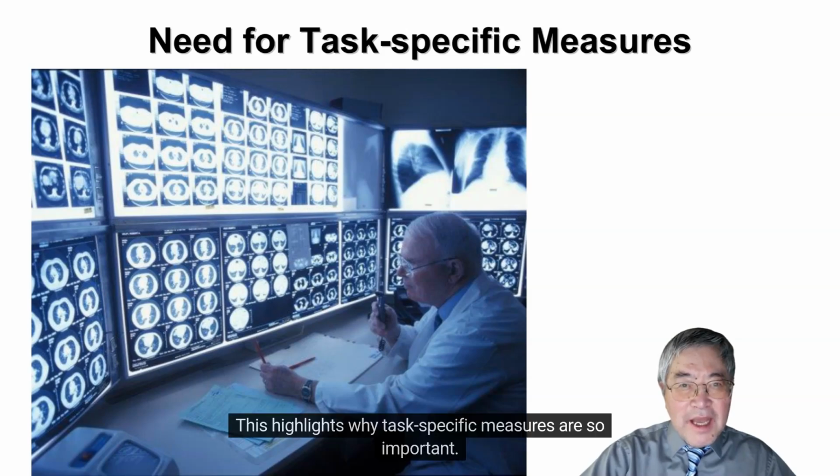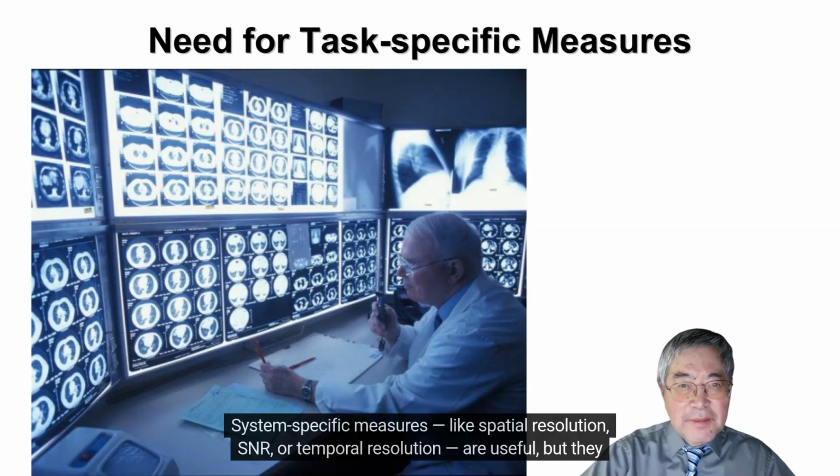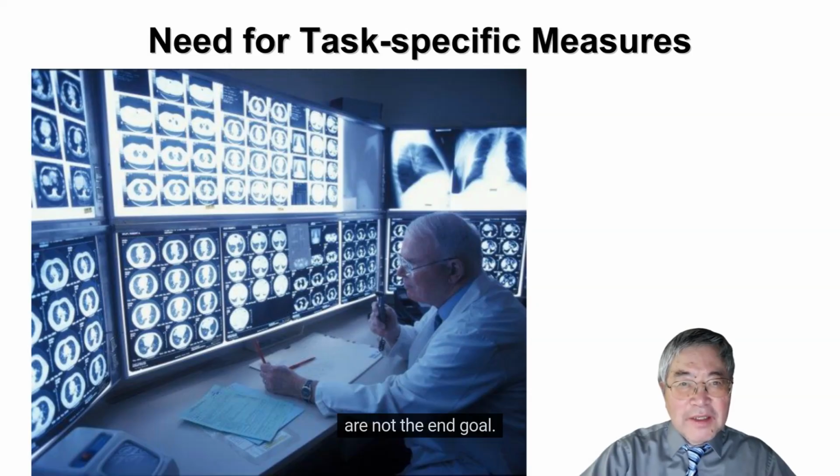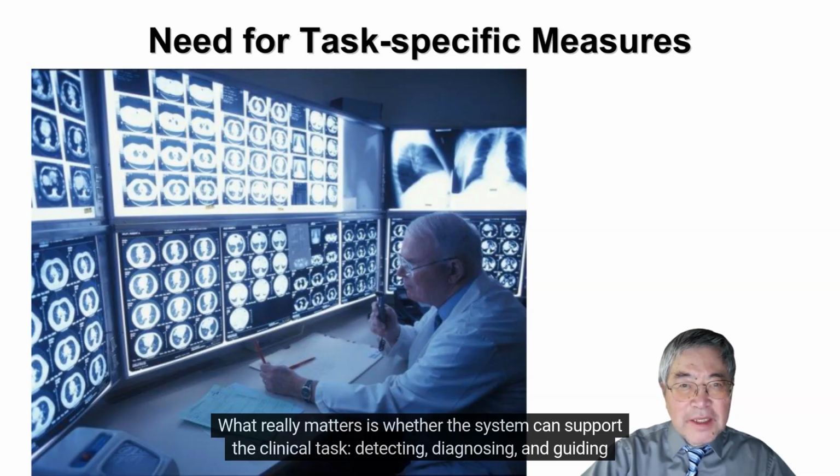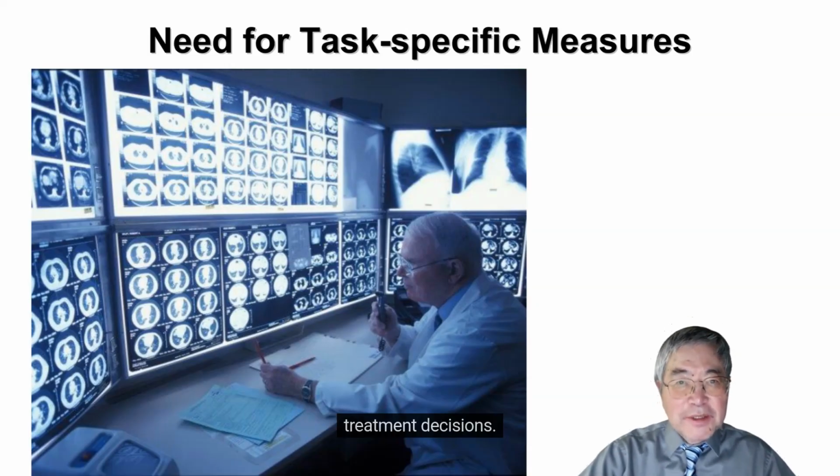This highlights why task-specific measures are so important. System-specific measures, like spatial resolution, SNR, or temporal resolution, are useful, but they are not the end goal. They only tell us about the technical performance of the imaging system. What really matters is whether the system can support the clinical task, detecting, diagnosing, and guiding treatment decisions.